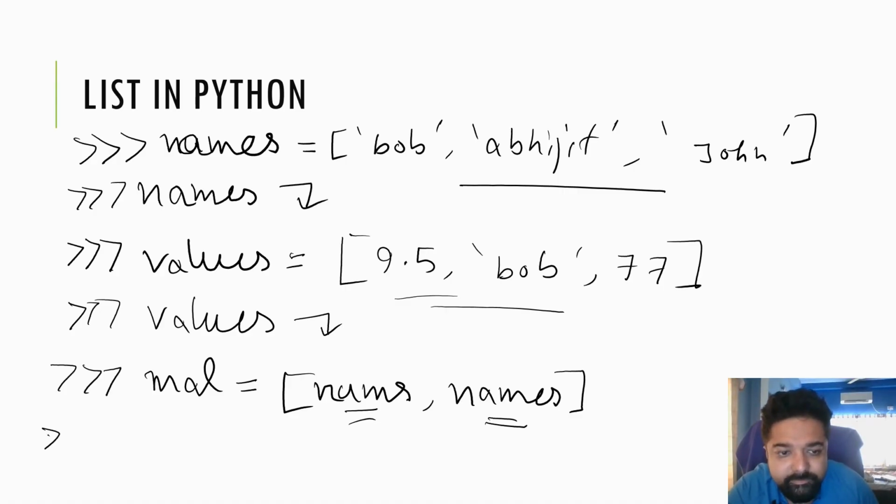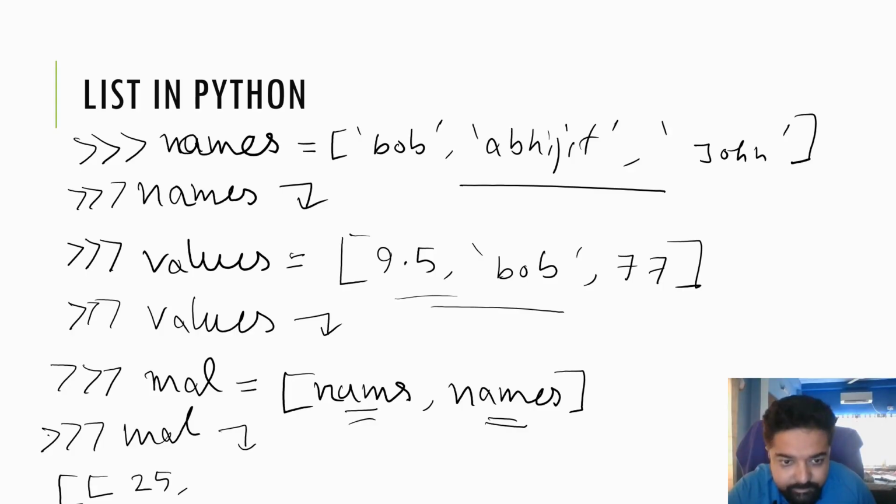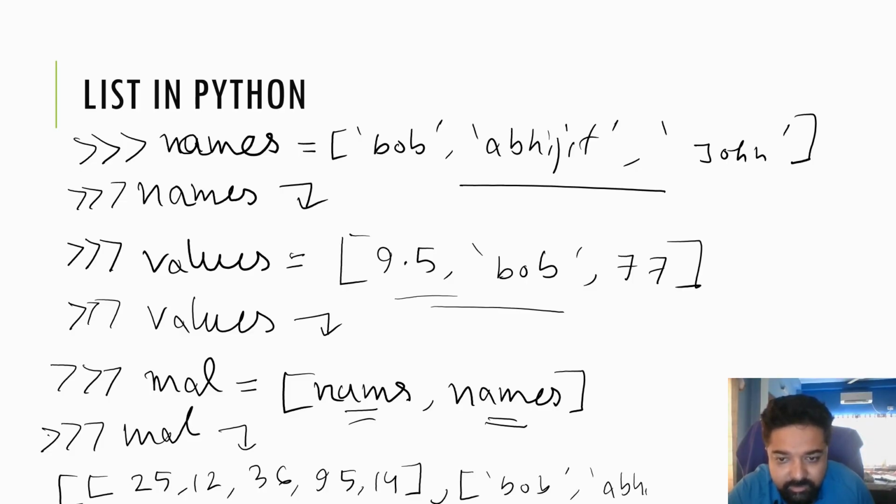If you print, the output will be first, then comma, then again another variable, that is Bob, Abhijit, and this will work.